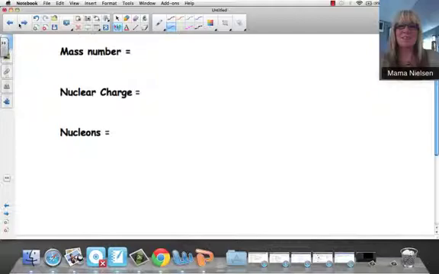So in layman's terms, what is the mass number? The mass number is simply equal to the protons plus the neutrons. Nuclear charge. Well, nuclear refers to what's in the nucleus.